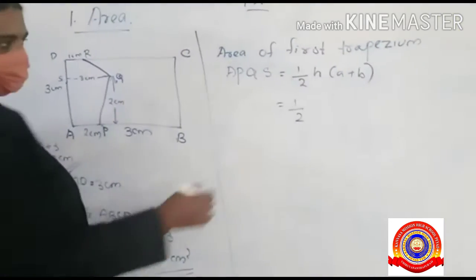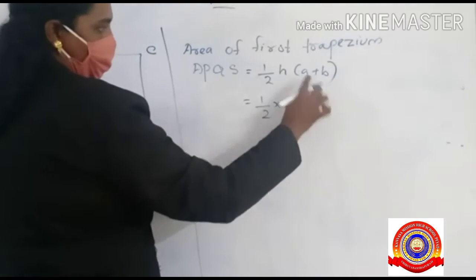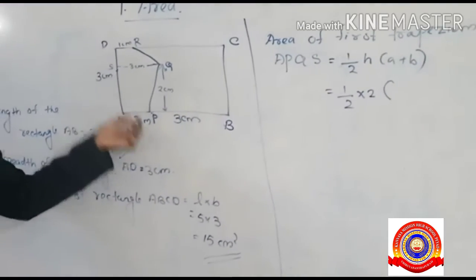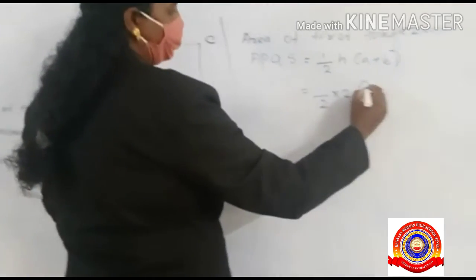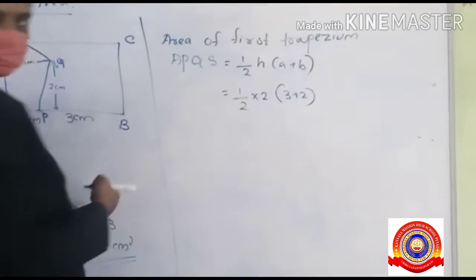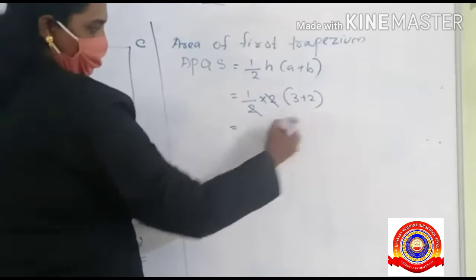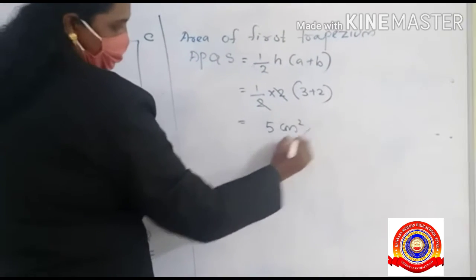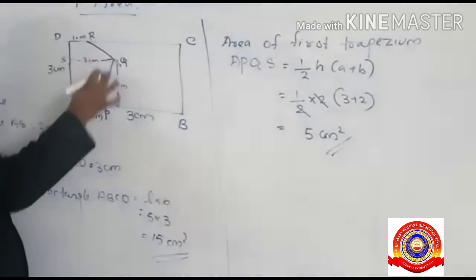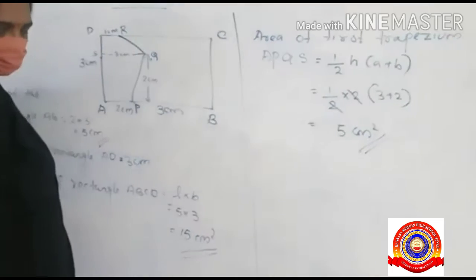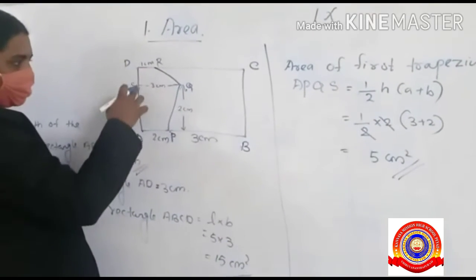Yes, 2. 2 into a and b are the sides of the trapezium. It is given as 2 and 3. So 2 plus 3. 2 and 2 cancel each other. 2 plus 3 equal to 5 centimeter square. So the area of first trapezium is equal to 5 centimeter square.